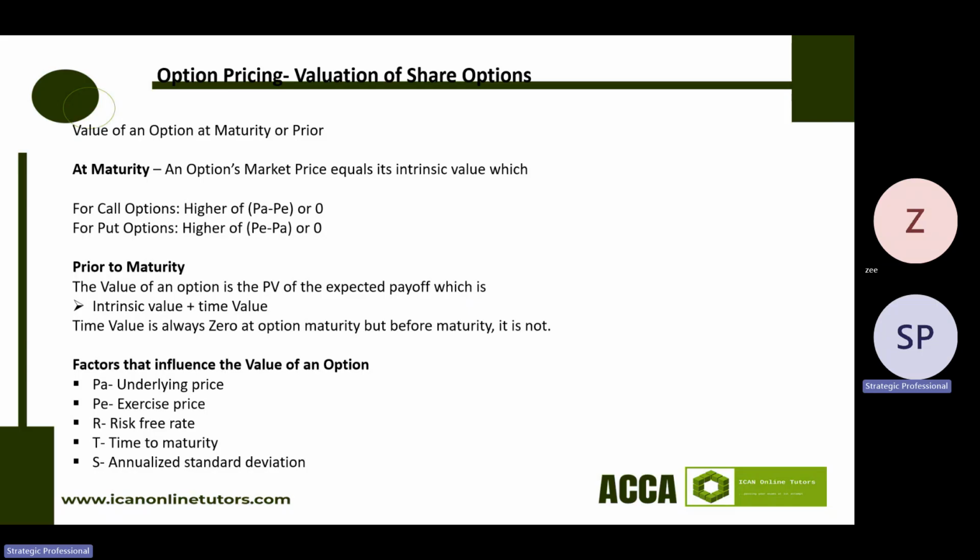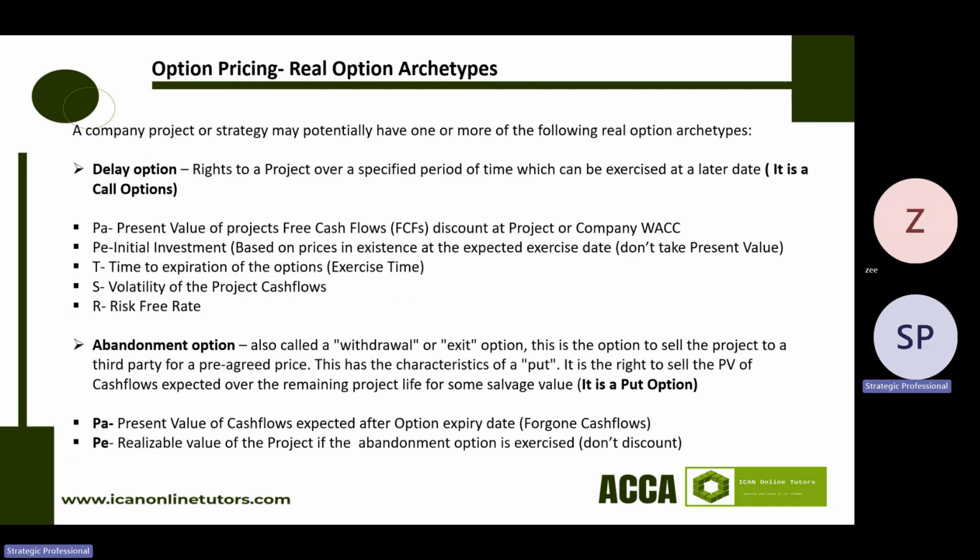Now, how does this work? So, option pricing, real options archetypes, right? Normally I told you that real options, we use it in investment appraisal. So we want to see how options now flow into investment appraisal, and it can be in four ways. The first way is when there's a delay option.